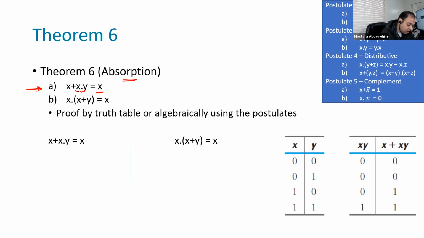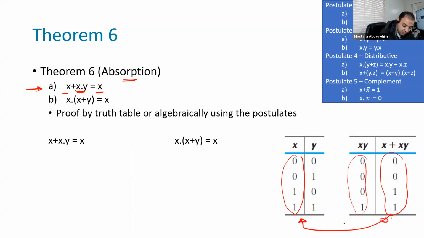Now we OR x dot y term with x. So if we OR this with this, it will give us 0 0 1 1. If we compare this now with this, they are equal. So this is basically the proof of the first one, the truth table proof.